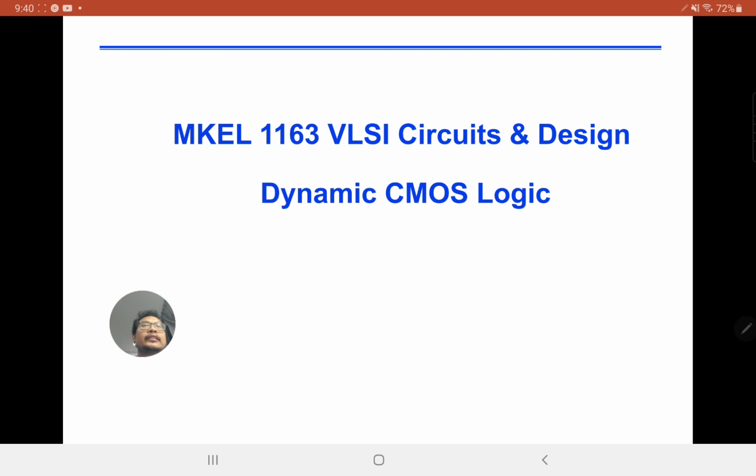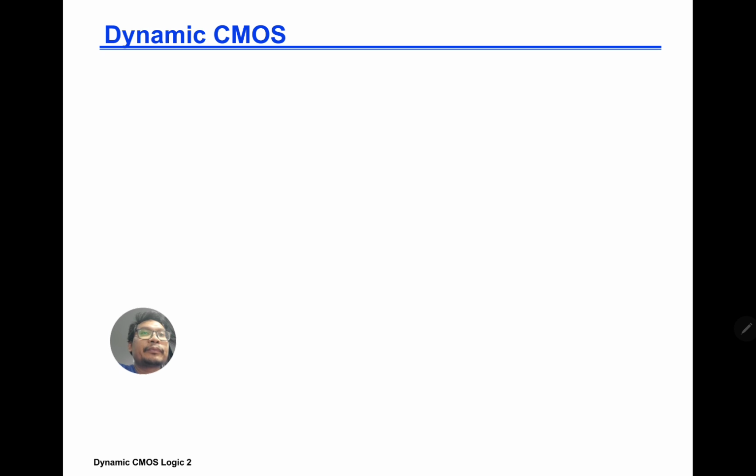We have the static complementary CMOS, the standard or classical static CMOS, which is the most common, and then we have ratio logic and also pass transistor logic, considered as static CMOS. And dynamic is another class of CMOS logic, so we'll see what dynamic CMOS logic is all about.